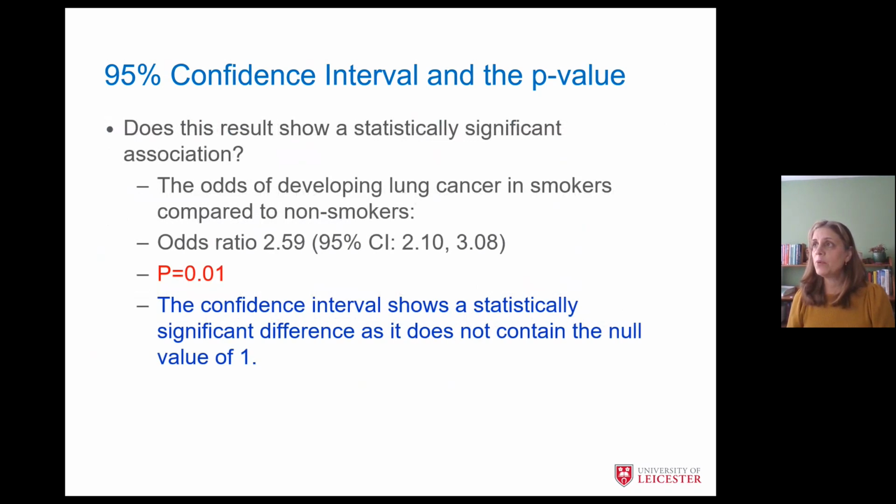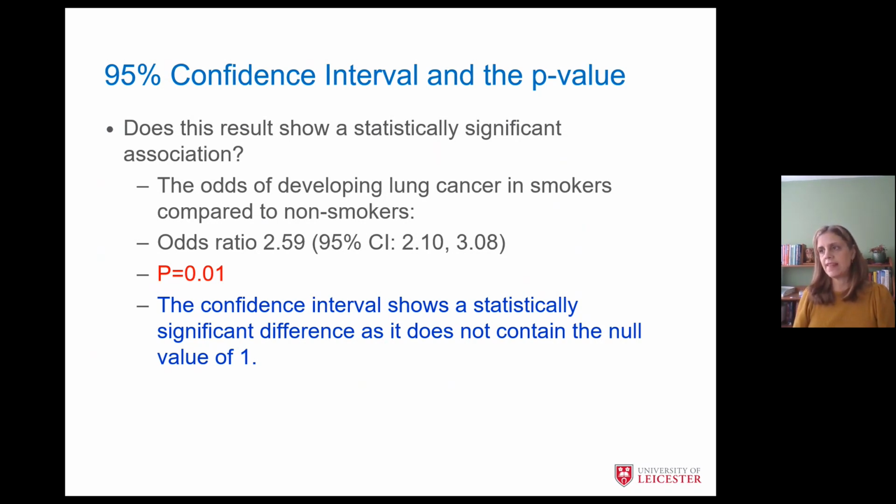So here we have an example just to exemplify that a bit more. So here we have the odds of developing lung cancer in smokers compared to non-smokers. The odds ratio was found to be 2.59 from our sample, with an estimated 95% confidence interval going from 2.10 to 3.08.